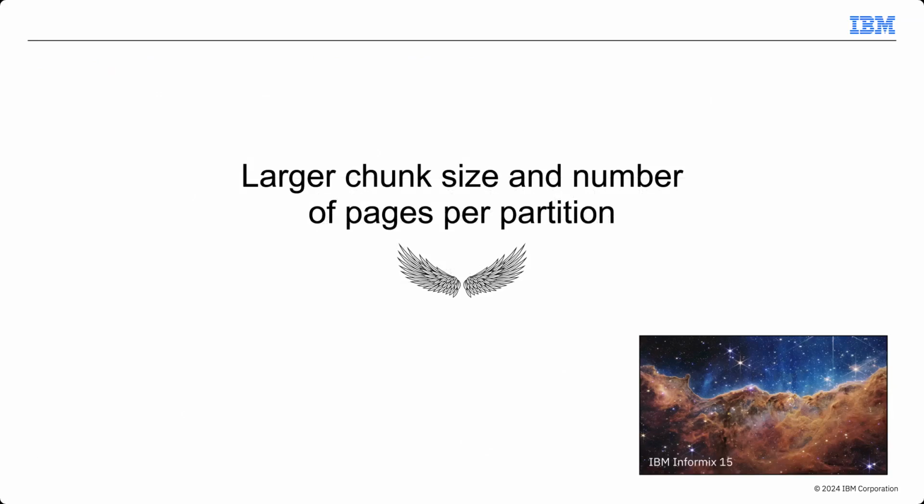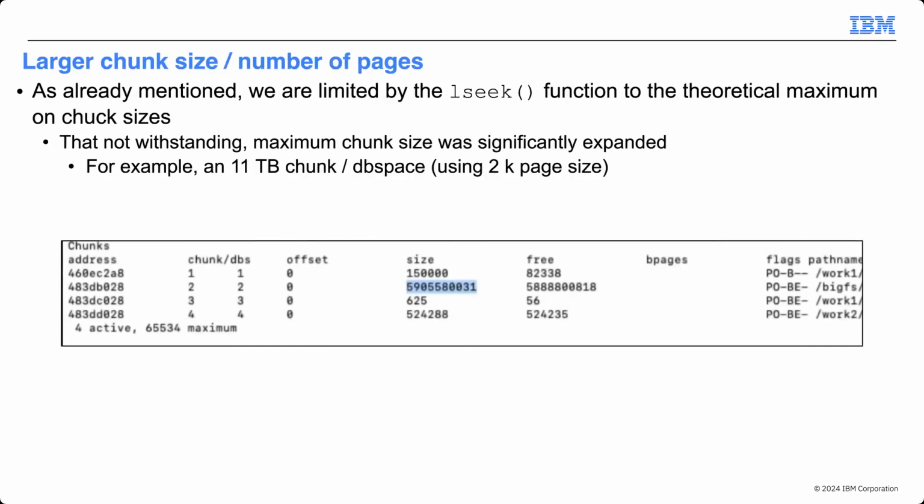Larger chunk sizes and a number of pages per partition. So this is an example of an 11 terabyte chunk using a 2K page size. As I said, the new limit is now 9 petabytes. In this test system, the developer created an 11 terabyte chunk, and it worked just fine.